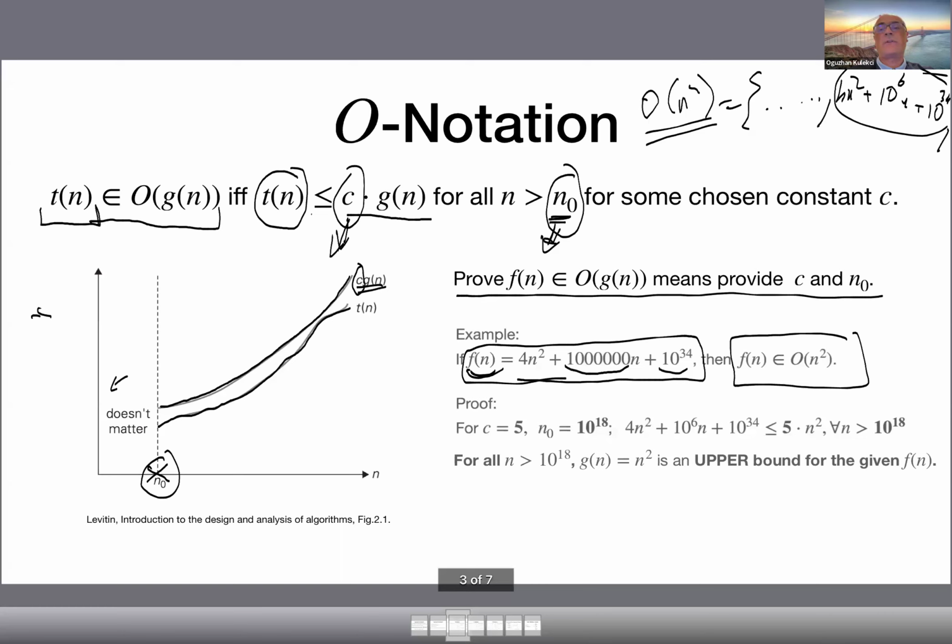And to show this, I will choose c equal to 5 and n0 equal to 10 to the 18. If that is the case, I can assure you that this function will always be less than or equal to 5 times n squared for all n greater than 10 to the 18.